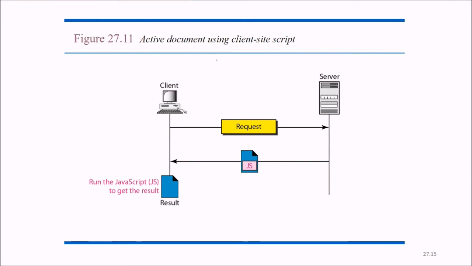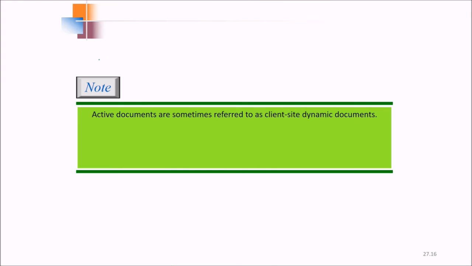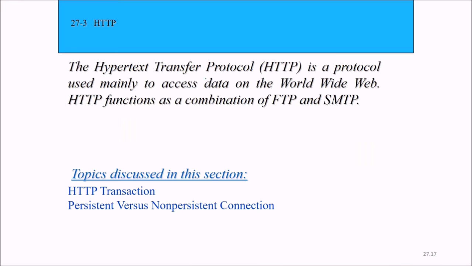What about the active document using client-side script? As I indicated earlier, you will use JavaScript to get the result. You also have various technologies like Ajax and jQuery, which is a more elegant form of JavaScript. So active documents are sometimes referred to as client-side dynamic documents.